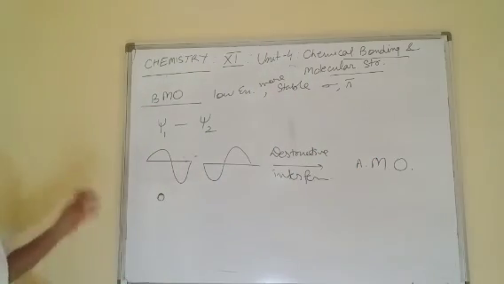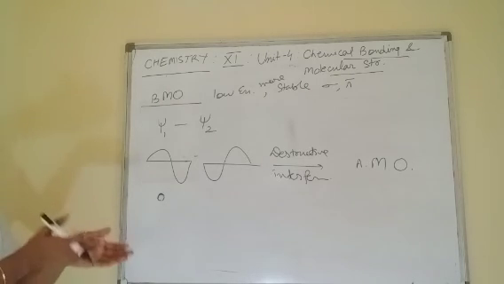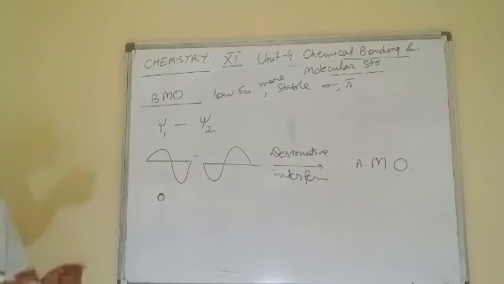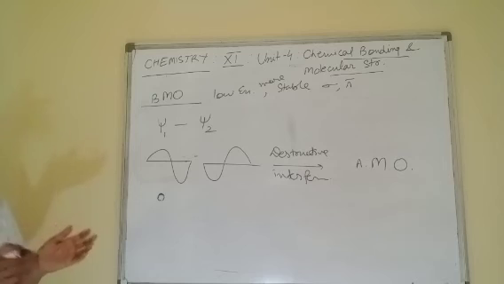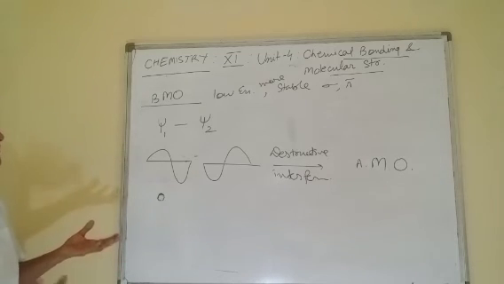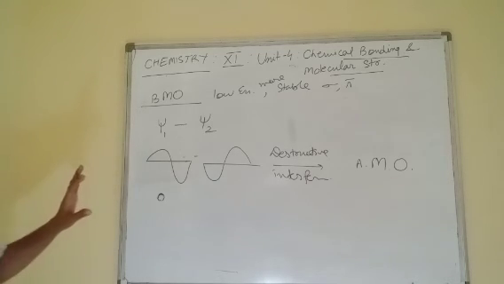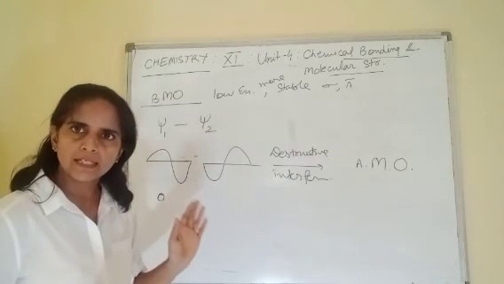So whenever the wave functions add with each other, we get the bonding molecular orbital. And whenever they cancel each other, meaning destructive interference, we get the anti-bonding molecular orbital. Yes, now this concept of bonding and anti-bonding is clear to you.